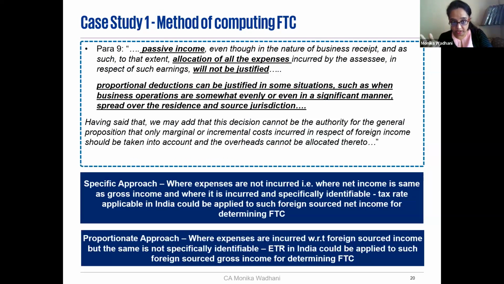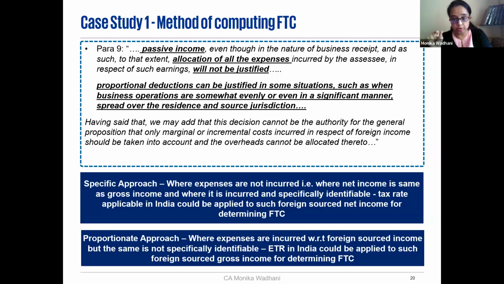Section 91 talks about doubly taxed income, and in case of Afghanistan, because the assessee was not able to provide any particular explanation towards the expenses, or was not able to demonstrate whether it has incurred expenses or not, the court held that you have to take the proportionate approach.